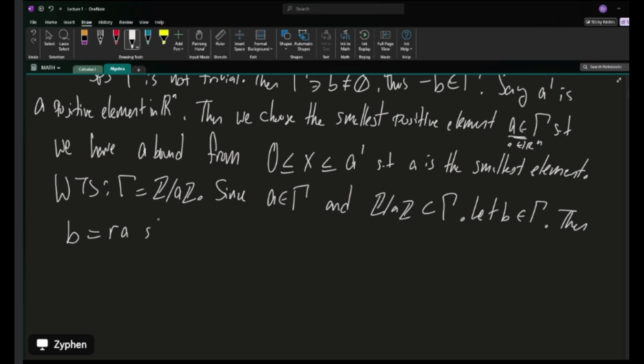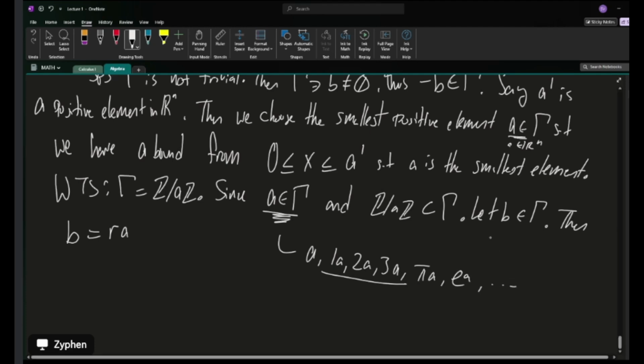Because gamma is a group, we have all multiples of the element itself. This is only dealing with the integers, but we also have other multiples of A and so forth.